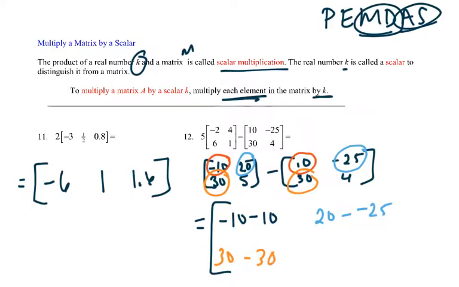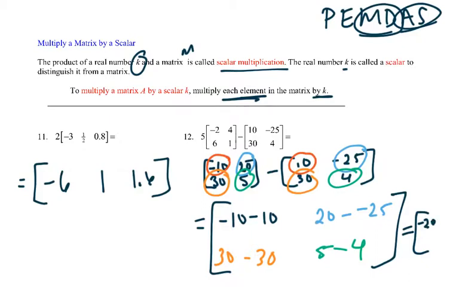And then I would have 5 minus 4. There we go. So my end result is going to be negative 20, 45, 0, 1. And that is my answer to this problem right here.